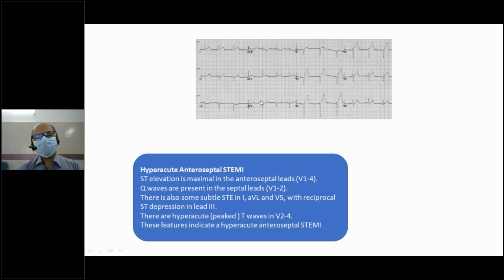And there is a hyperacute peaked T wave in V1. This is hyperacute because this T wave is more than 10 small squares.